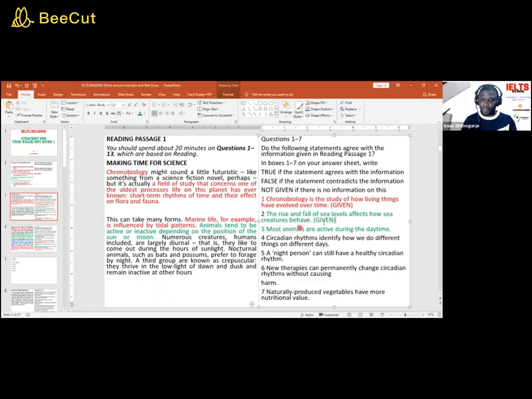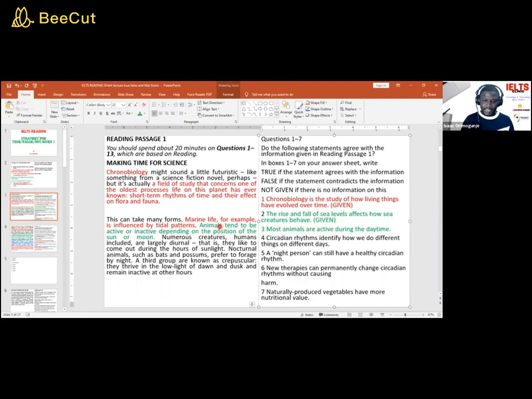Okay, so the third question now: most animals are active during the daytime. This one says animals tend to be active or inactive depending on the position of the sun. Are they measuring the same thing? Most animals is trying to give us the quantity or degree of animals that are active during daytime.